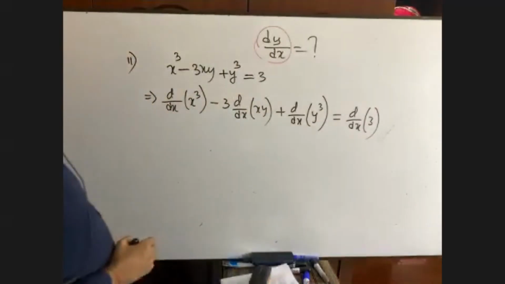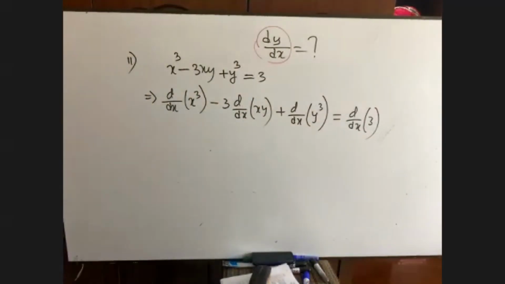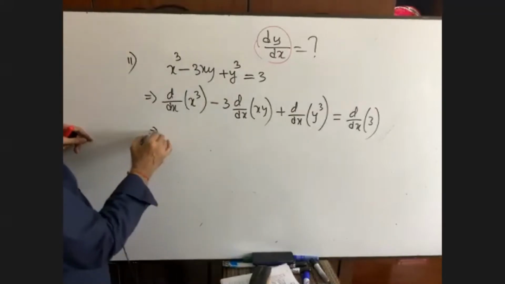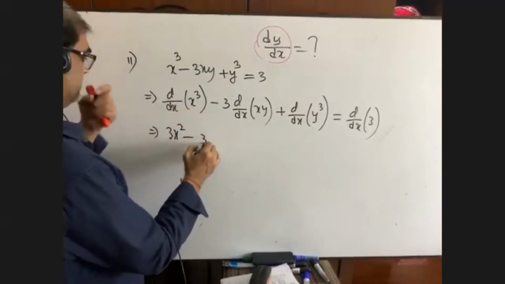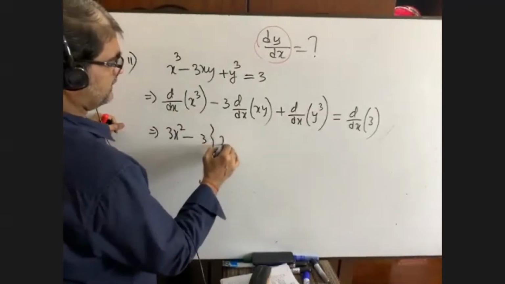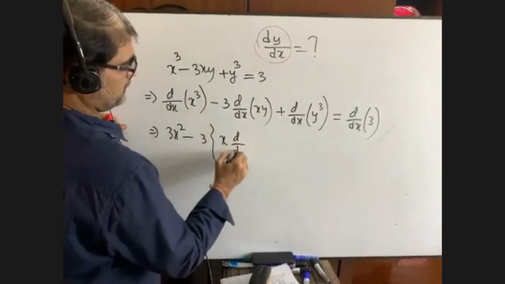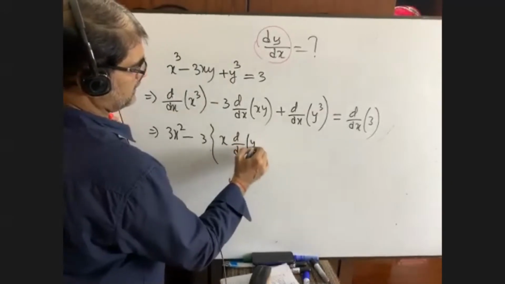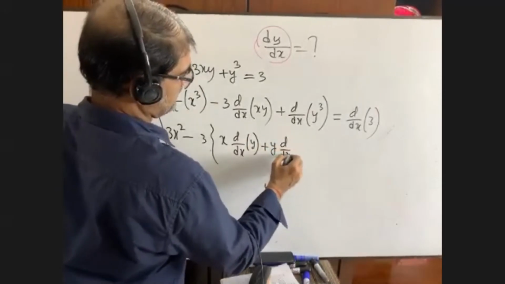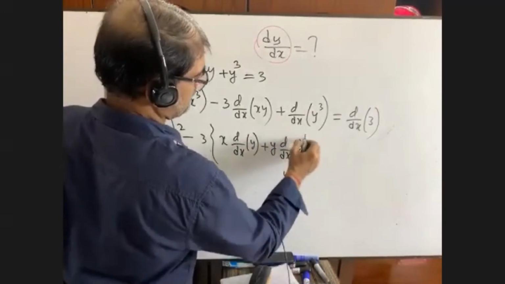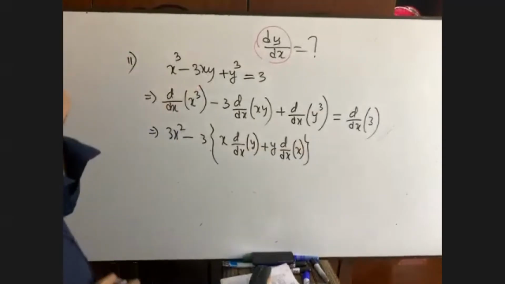Actually, this line, after doing 2 or 3 maths, will not be required anymore. Now you see, it is 3x square minus 3, second bracket, x d by dx y plus y d by dx x. Is it okay?